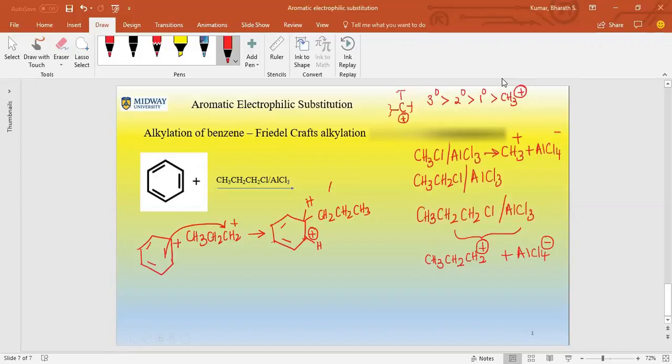And then the AlCl4 minus, which is the base, comes and grabs this hydrogen. This bond comes in, leads to the formation of this. This is actually one of the products. It is a minor product.